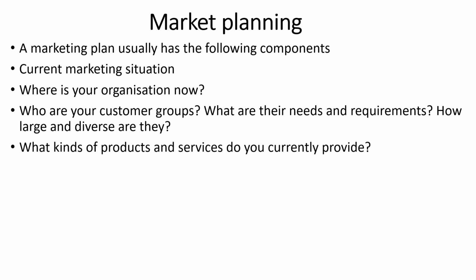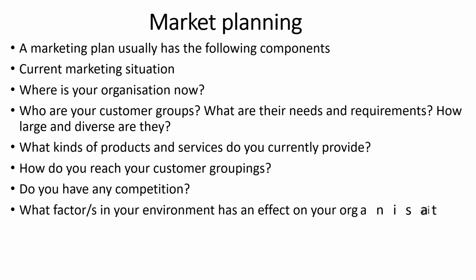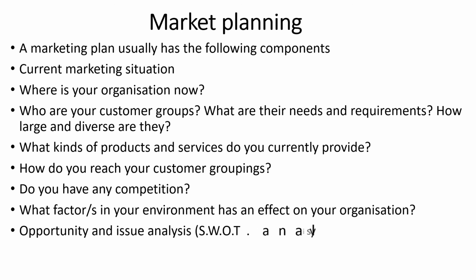What kind of product services is your company able to provide or the project is able to provide, how the customer groups are reached, what is the type or intensity of the competition, what factors the environment has on your organization or your company or the product. And last but not the least, opportunity and issue analysis.